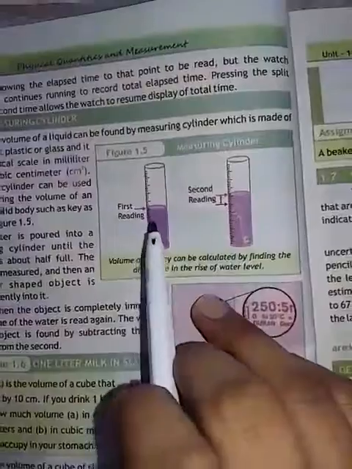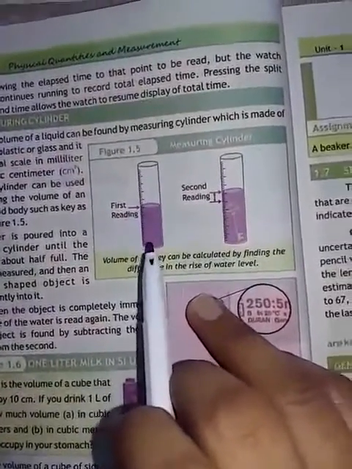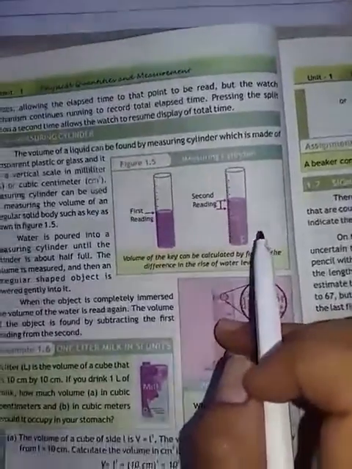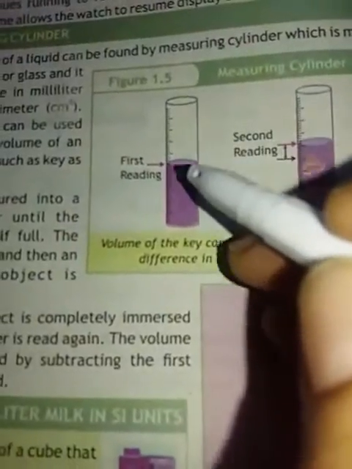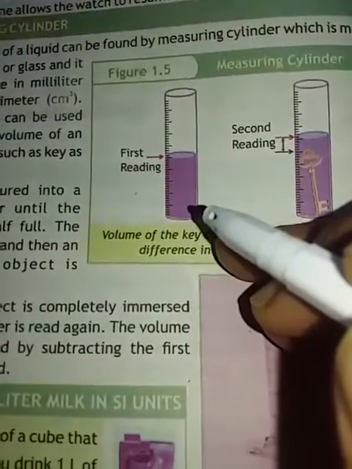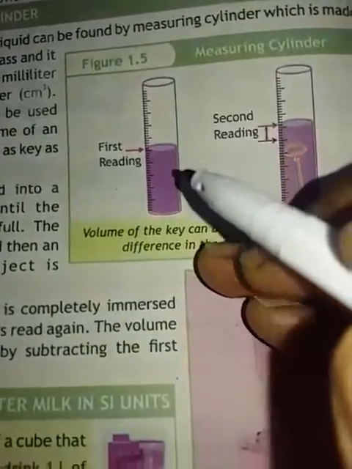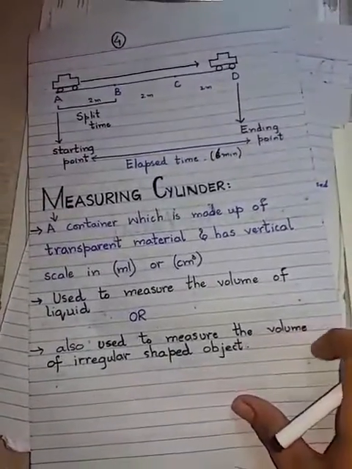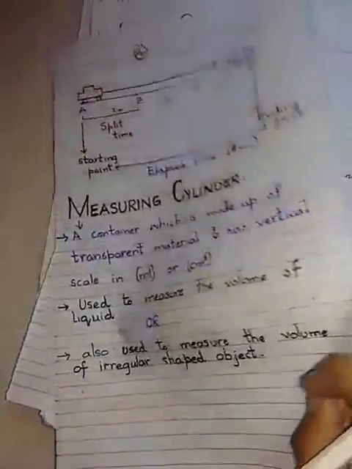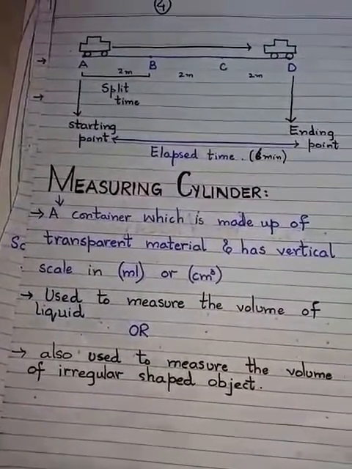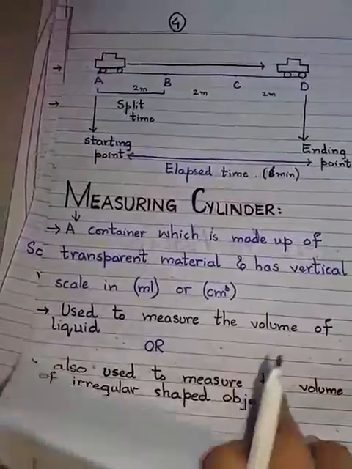The scales on it are given in milliliter or centimeter cubic, because milliliter and centimeter cubic are the same units. So it is a container which is used to measure the volume of a liquid as well as the volume of an irregular shape object.